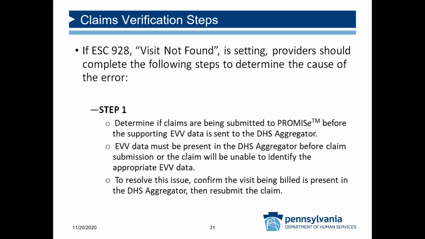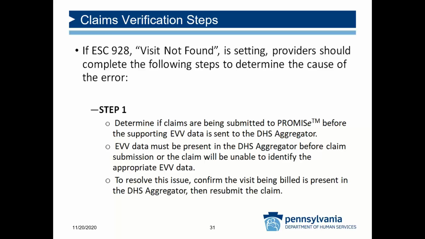Again, if you submit an EVV record to the aggregator and it is not in verified status, it will be considered, we'll just call it, invisible during the validation process. The record has to be in verified status, meaning no exceptions exist, in order for it to be validated against during the claim adjudication process.